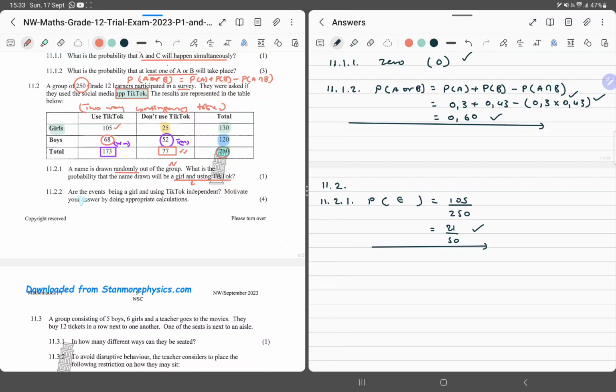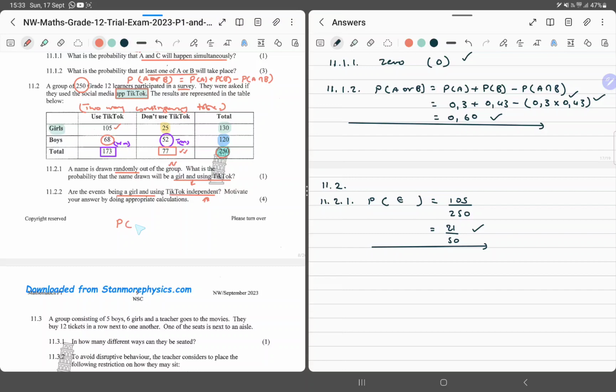Now, are the events being a girl and using TikTok independent? It's either you are using TikTok, we don't care who you are, and being a girl in general in this group. Meaning, is there an intersection there? Let's find out. How do we test whether events are independent?